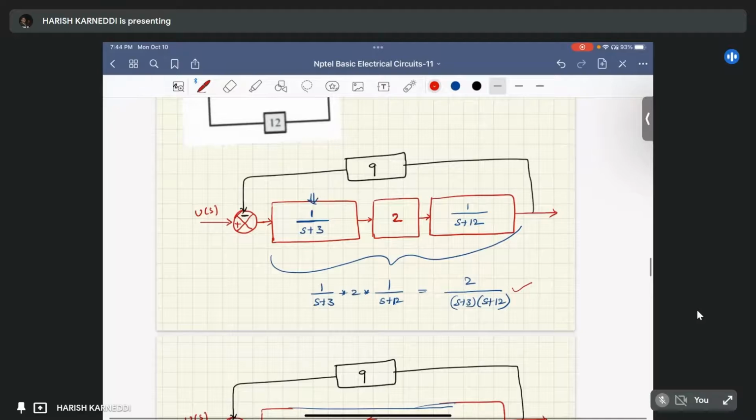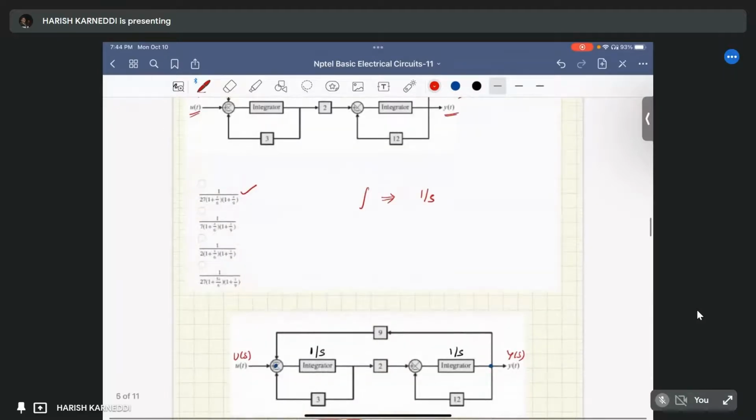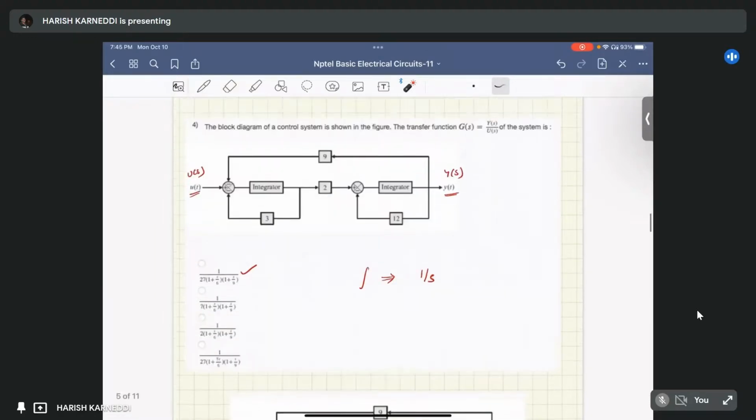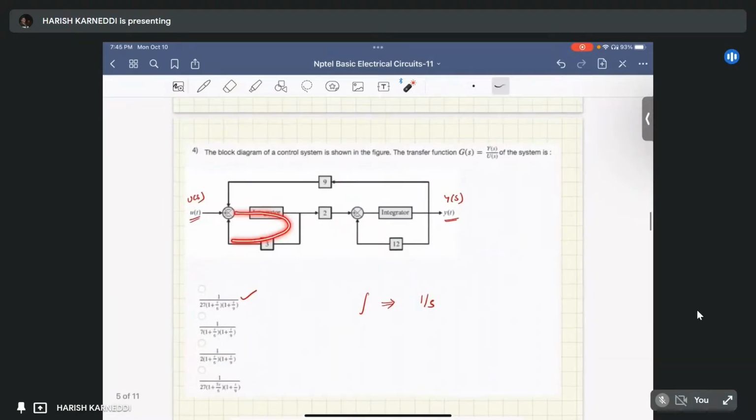Here we have a block diagram. The block diagram has one loop, and it has one feedback path, and another feedback path. We have to choose which feedback path to simplify so the block diagram will be reduced.